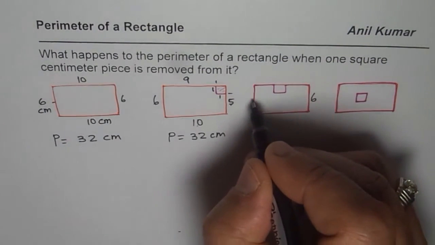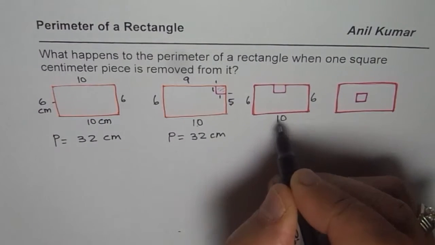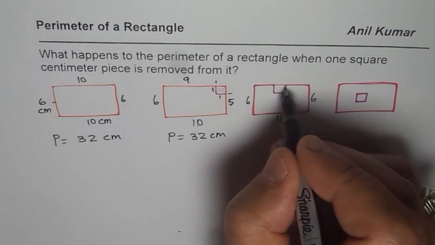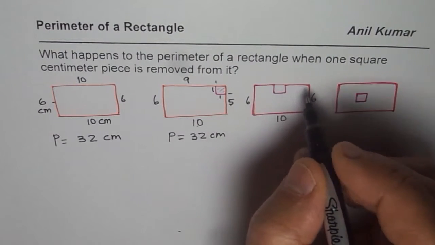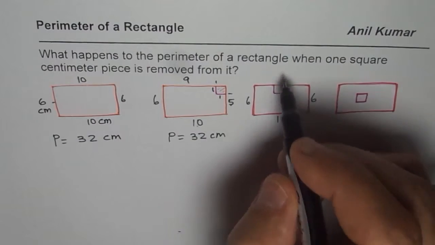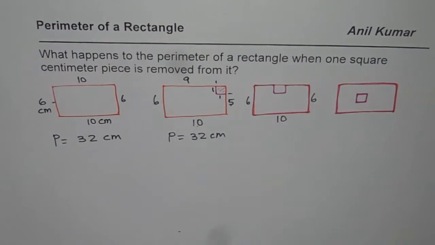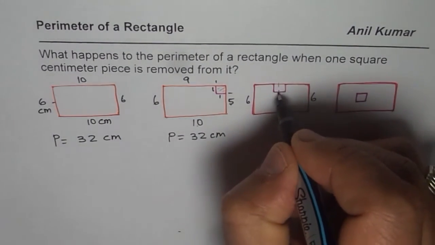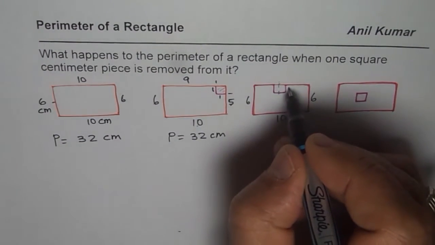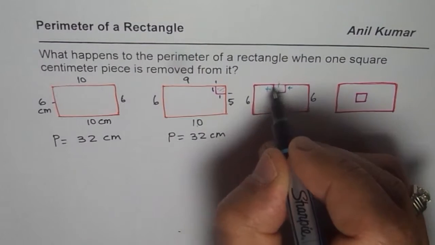So we have got 6 here, we got 6 here, we got 10 here. So these three are the same. But here, we removed 1 from this side. So the total length we have reduced. So I will now draw a line to show you that this plus this, if I add this here, it becomes 10. But I have these two sides extra. Do you see? These two are additional.